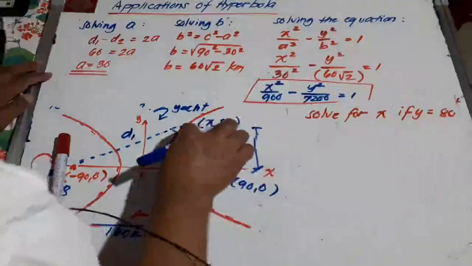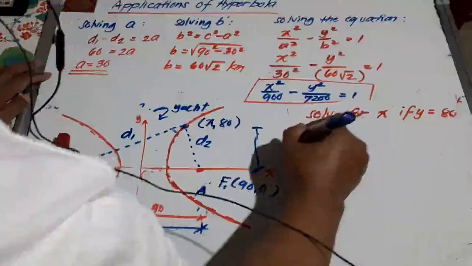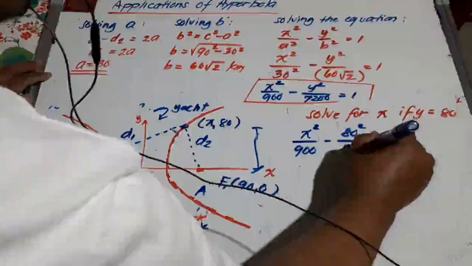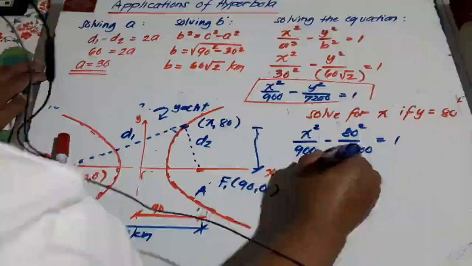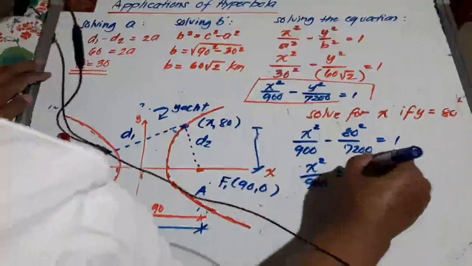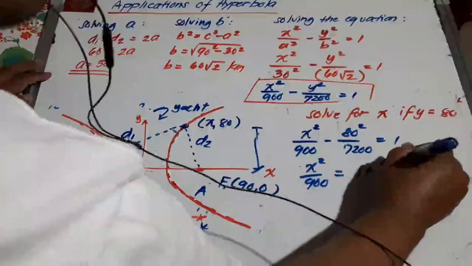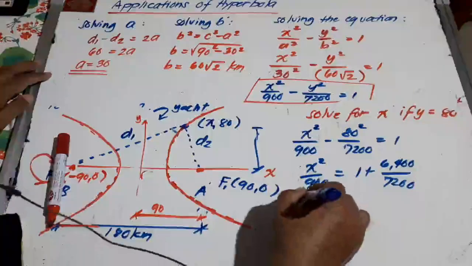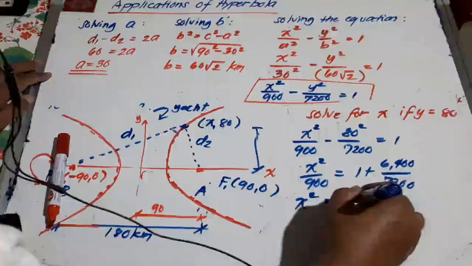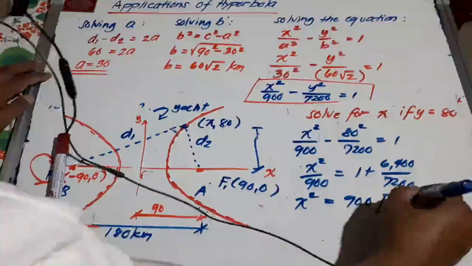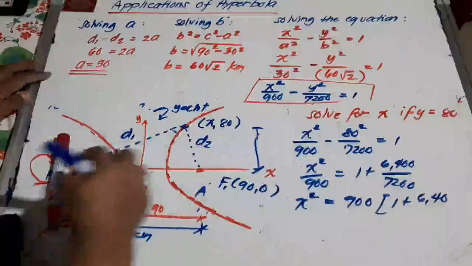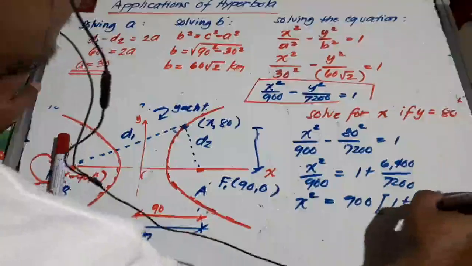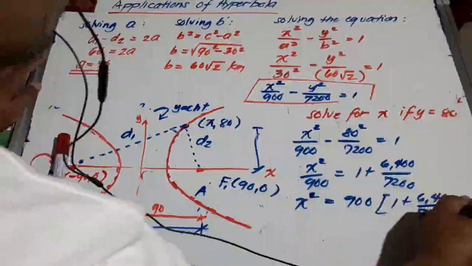Okay? Saan yun? Yung point na yun. So, x squared over 900 minus 80 squared over 7,200 equals 1. So, we have x squared over 900 equals 1 plus 6,400 over 7,200. Then I'm going to cross multiply 900. So, x squared is 900 times quantity 1 plus 80 squared over 7,200.